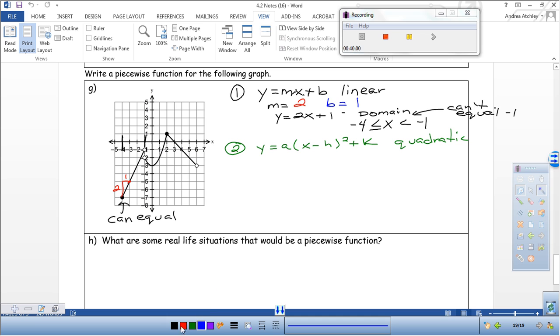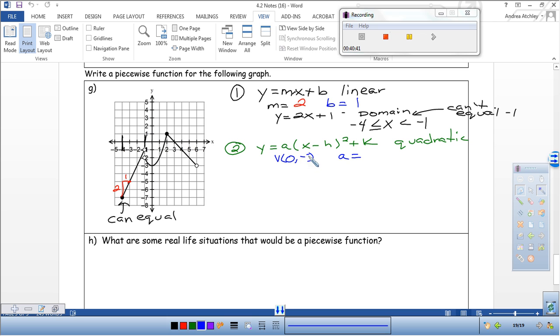Okay, so now in this one we need the vertex and we need the a value. So everybody look at this and try to come up with a vertex for me. Okay, Kyle, what did you get for the vertex?